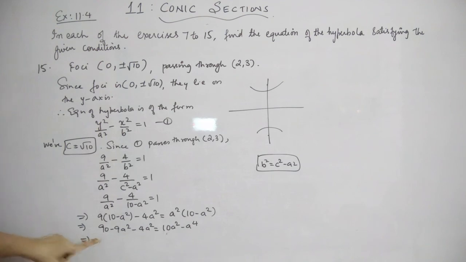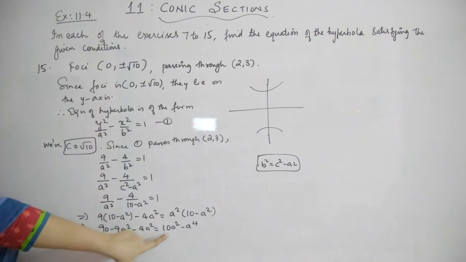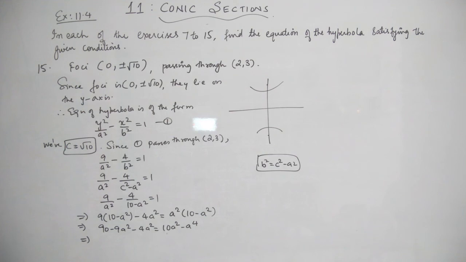So this will give you minus 9 minus 4, which is minus 13, and here it is minus 10, so it will become minus 23 if you are taking to the other side, because a raised to 4, in order to make it positive, it will become a raised to 4. Here this will come, so that it is giving you a raised to 4 minus 23a square plus 90 equal to 0.